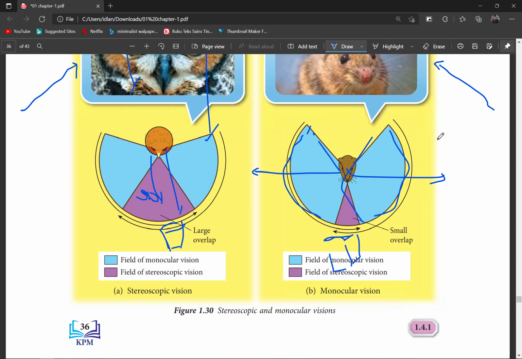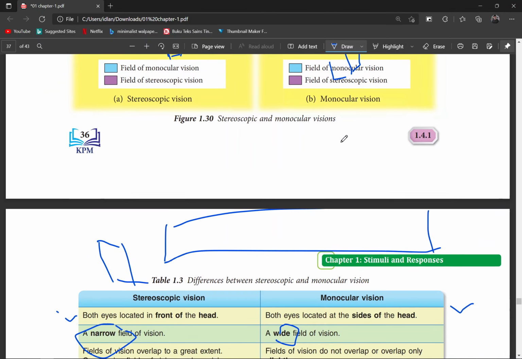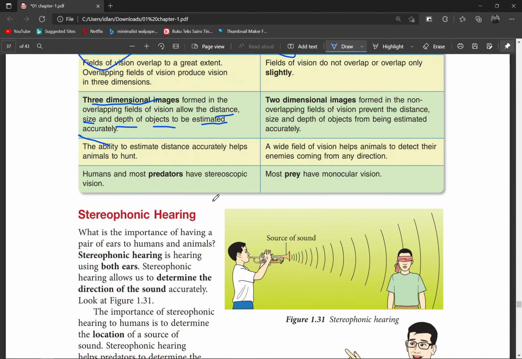Sebab dia untuk menghalang diri daripada diburu, jadi susah sikit predator nak tangkap si prey. Sebab prey pun berjaga-jaga, macam rusa, lembu.